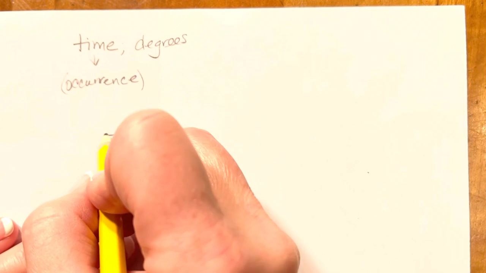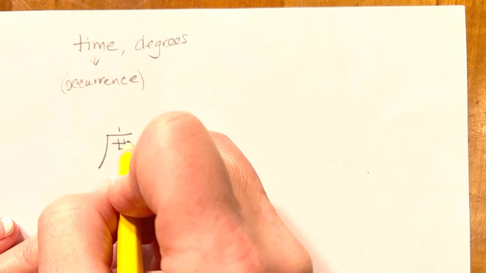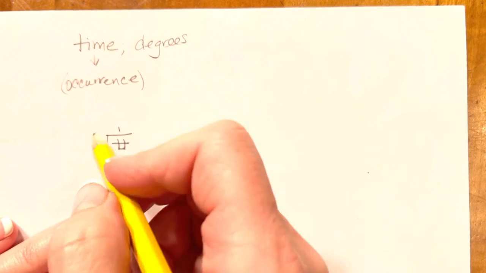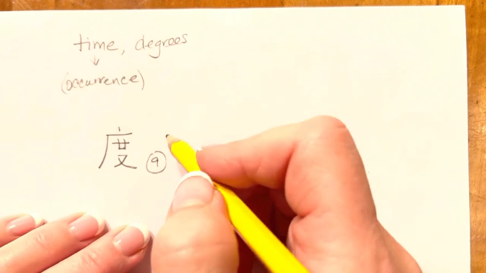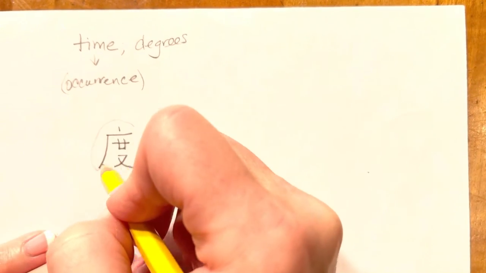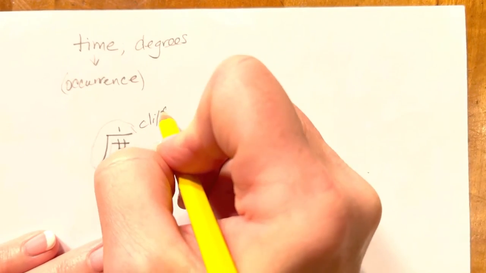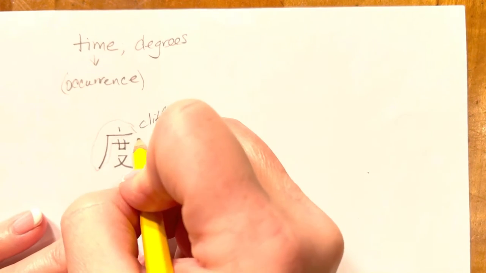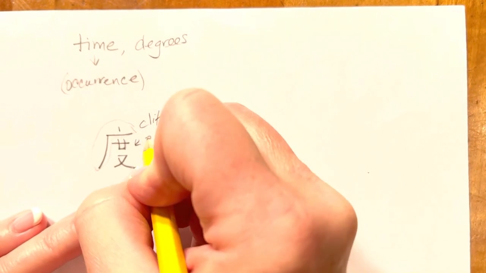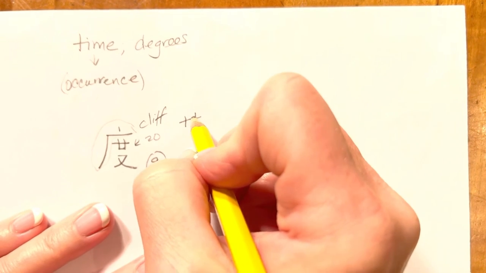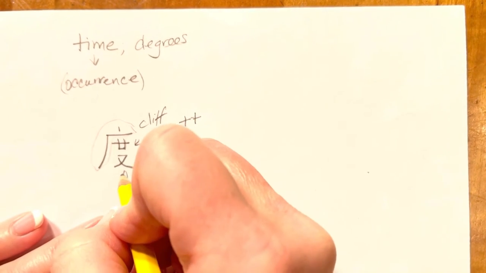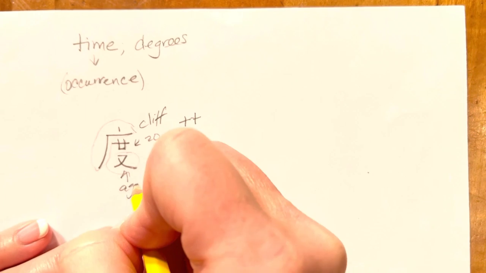So again, 1, 2, 3, 4, 5, 6, 7, we close it, 8, 9. So 9 strokes. And we know that this part right here is cliff, all right? This is a variation of the 20 that we saw at mukashi, right? 2 10s. And this one right here is again.